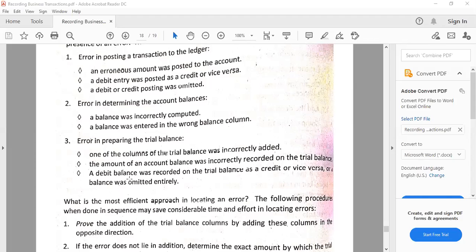And then a debit balance was recorded as credit or vice versa, or we omitted the balance entirely. So that will result in a trial balance that is out of balance. If the two sides are equal, we'll say the trial balance is in balance or balanced. But if we say out of balance, we mean that the two sides are not equal.